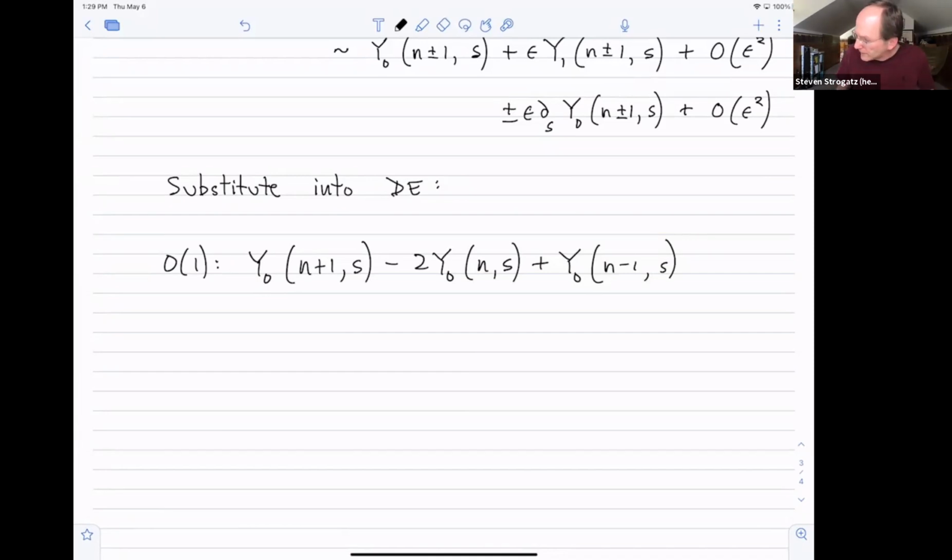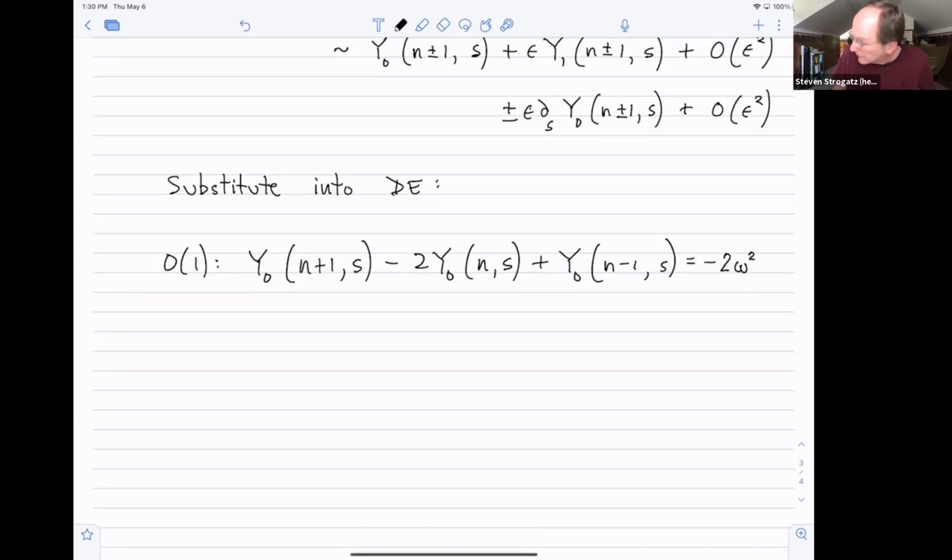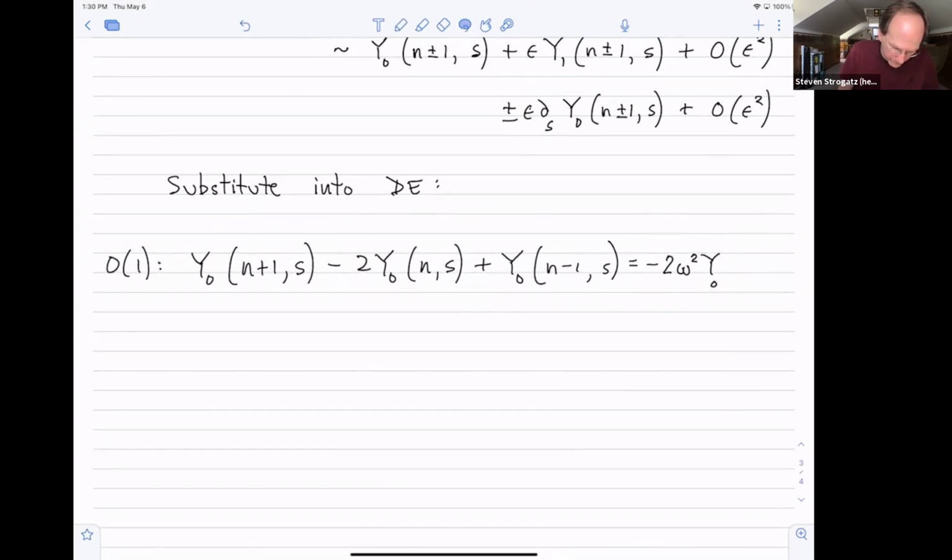And all that is going to equal minus 2 omega squared y0 n s, running out of room. Let me move all this to the left. Remember, this omega squared is just a constant that's coming along for the ride that depends on our step size.